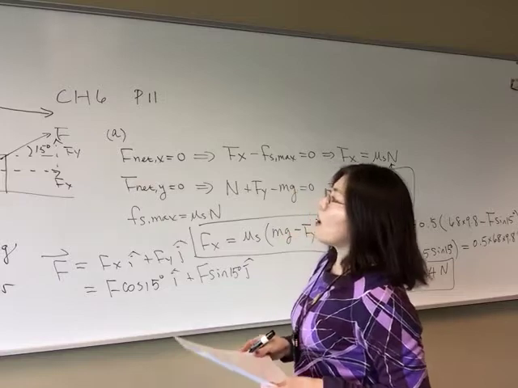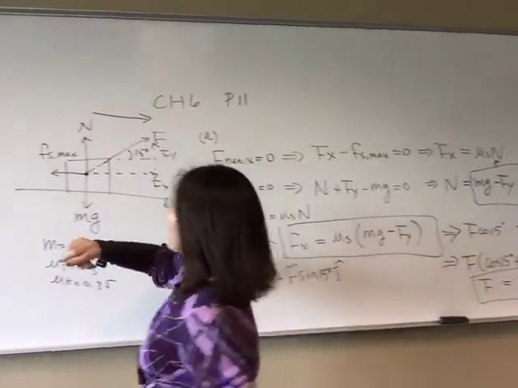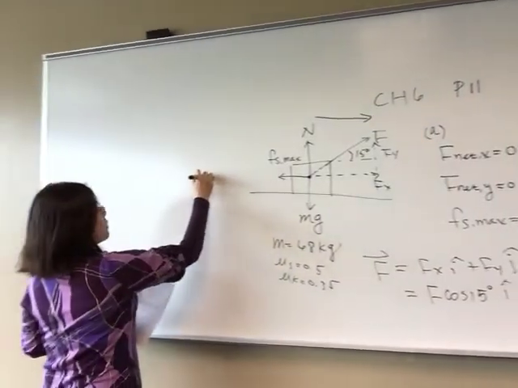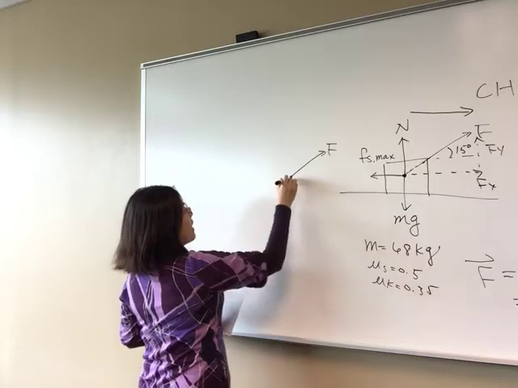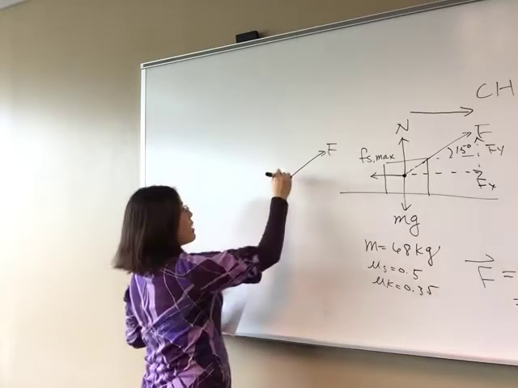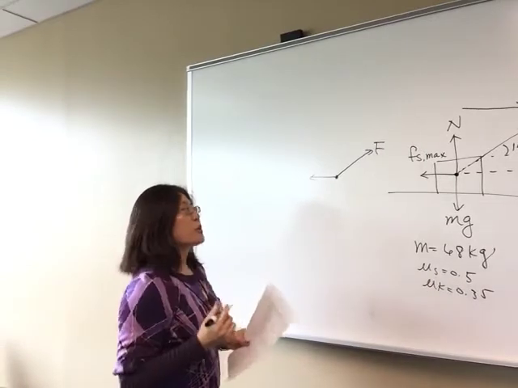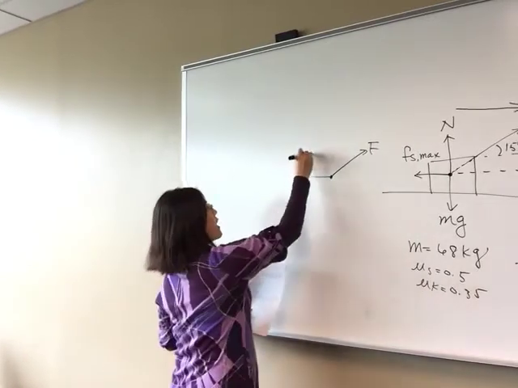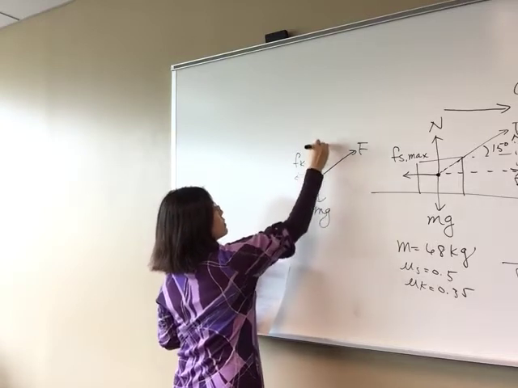So in that case, what is the acceleration? So let's look at this again. To draw the free body diagram for part B, you will have this force. It's still moving rightward, so it's subject to frictional force, but that frictional force becomes a kinetic friction. So you have your Fk, and then you still have your mg, and you still have your normal force.